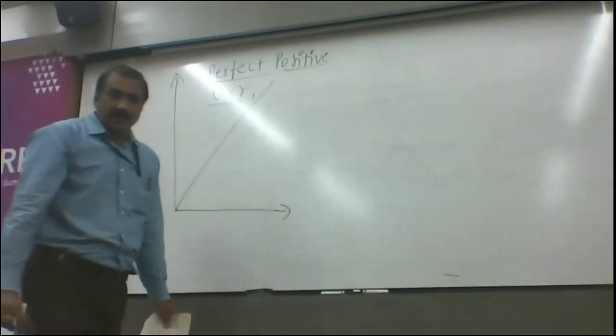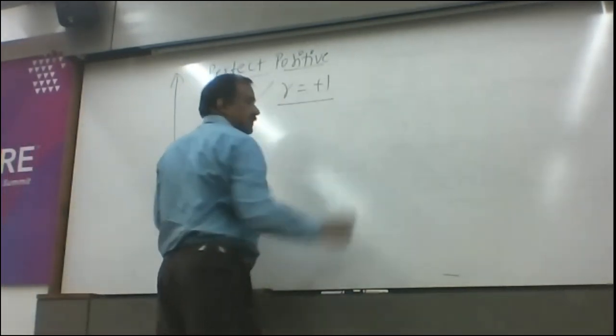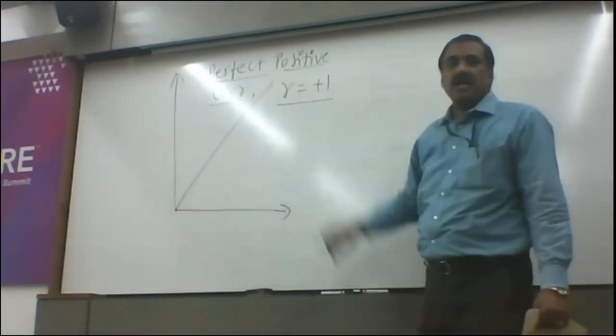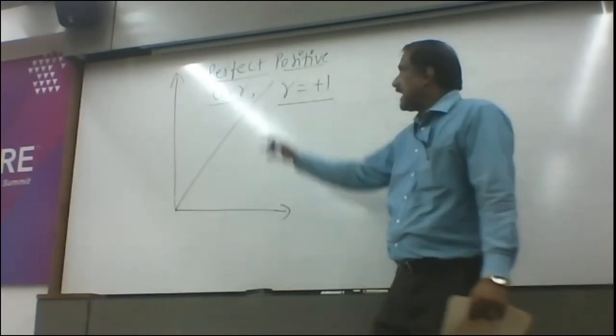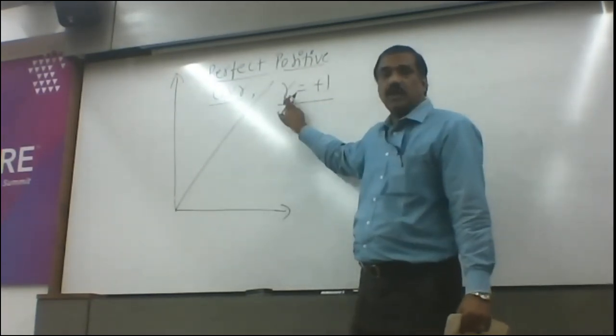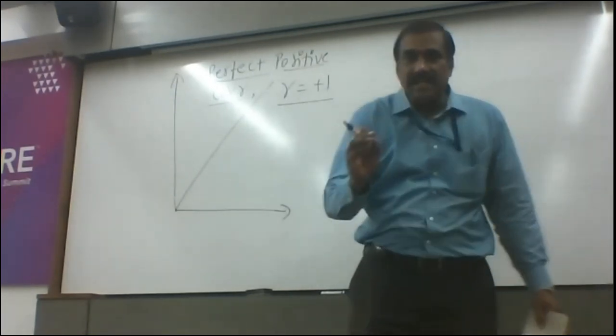It is denoted with R equal to plus 1. The shape of the curve will be like this. So for perfect positive correlation, R is exactly plus 1.